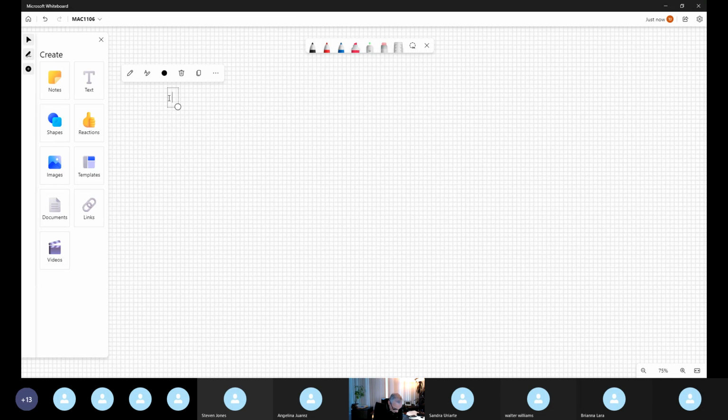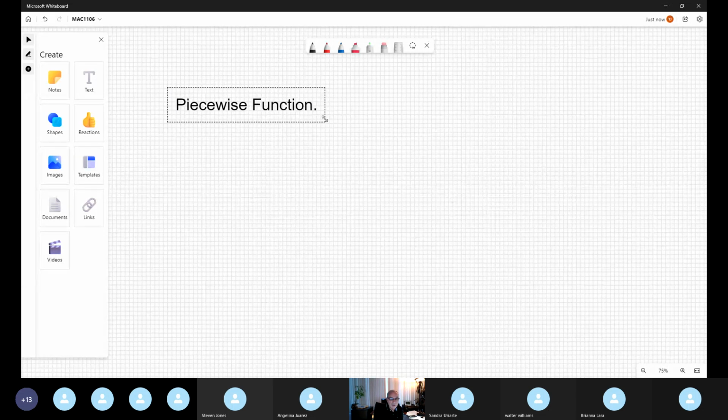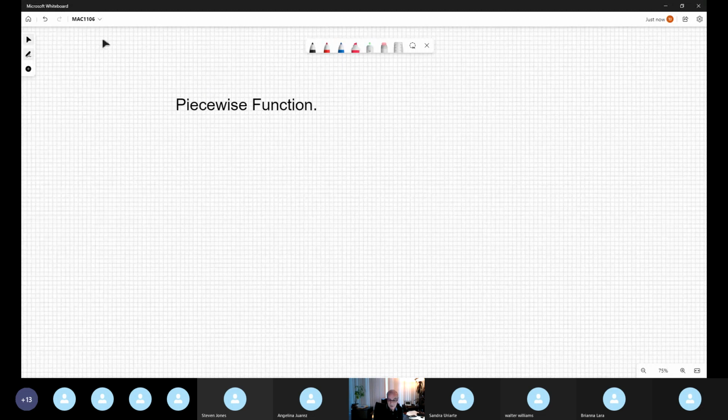It's about piecewise functions. A piecewise function is a function that we can define, but not in only one piece, rather in several pieces. One example to understand, and the corresponding explanation.